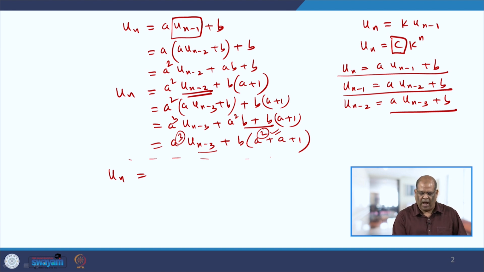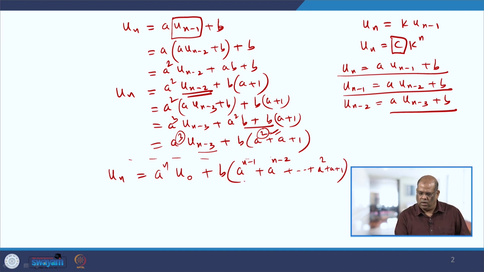Now, if it is n, I will write it as a to the power n times un minus n, which is u0, plus b times this will be 1 less: a to the power n minus 1 plus a to the power n minus 2 and so on, plus a square plus a plus 1.